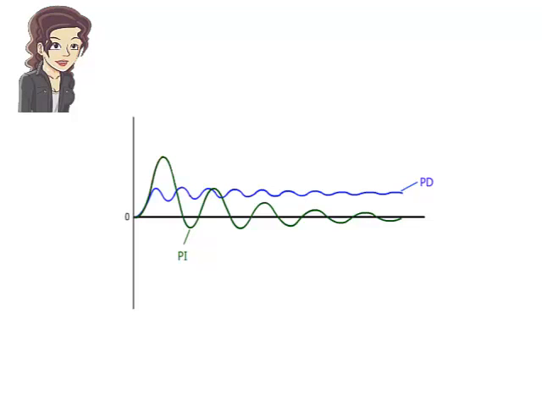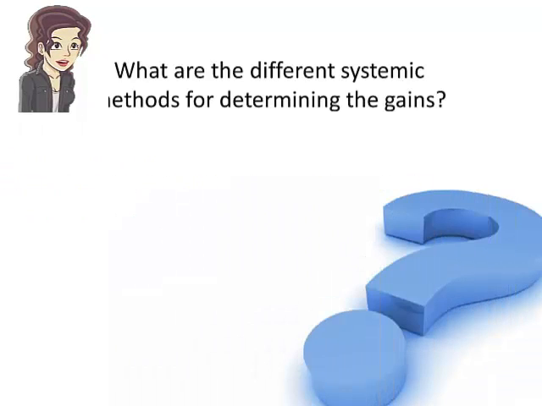For example, if a system mandates minimal oscillation, but offset isn't a huge concern, we may want to use a PD controller. On the other hand, if we're looking for a small offset, a PI or PID controller may be a better choice.